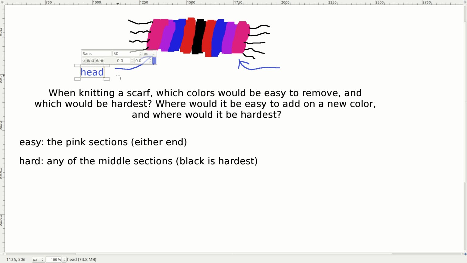So we could try for a design in which the head and the tail are easy to access and easy to make changes there, much like this design for the scarf, where it's easy to get at the head or get at the tail, and it's even easy to remove the tail or remove the head, or to put new things on the other side of the head here and functionally make a new head onto my scarf list here, or a new tail onto my scarf list here.